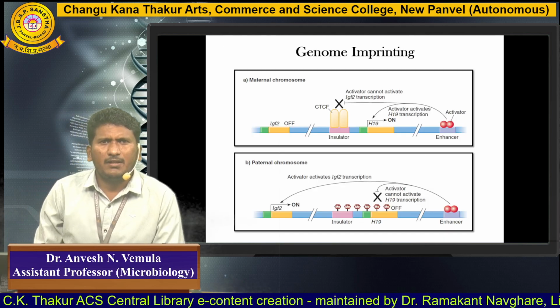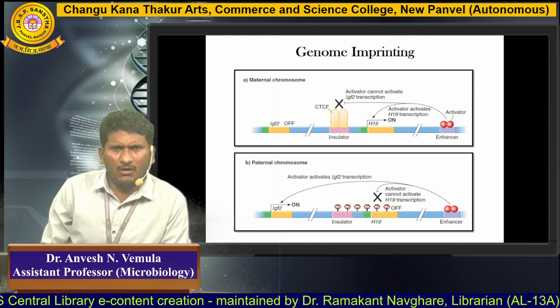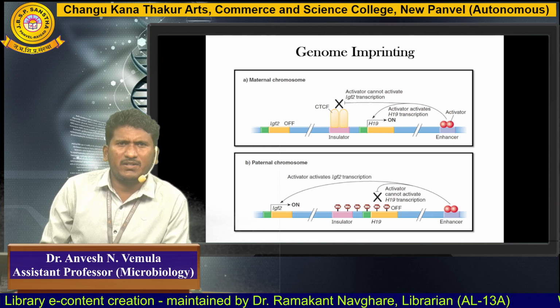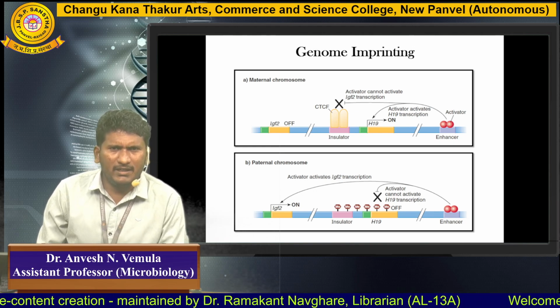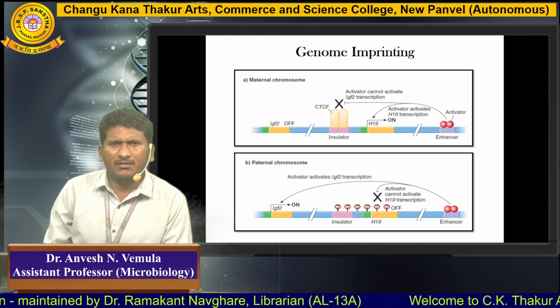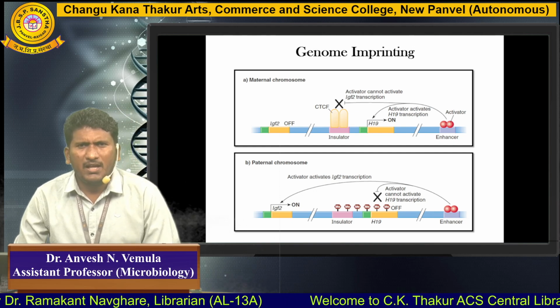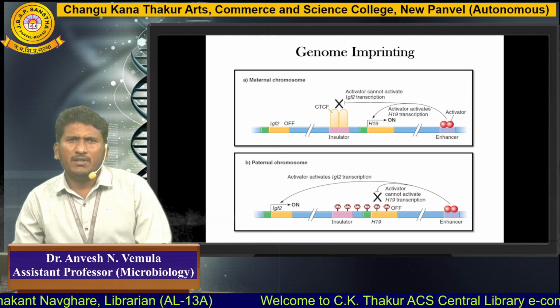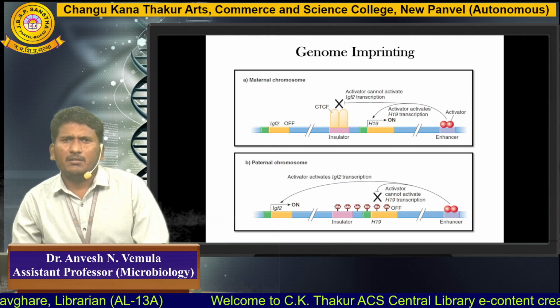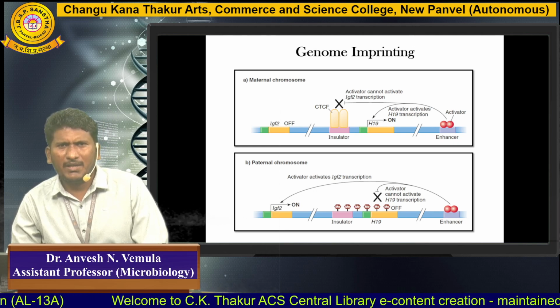In the maternal chromosome, IGF2 is off because it is not expressed in the female. But there is an insulator present between IGF2 and H19, and H19 is specifically expressed on the maternal chromosome, or female parent.